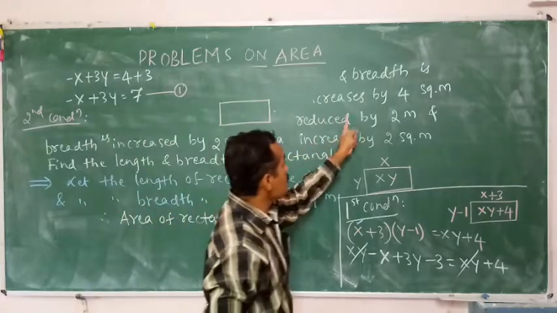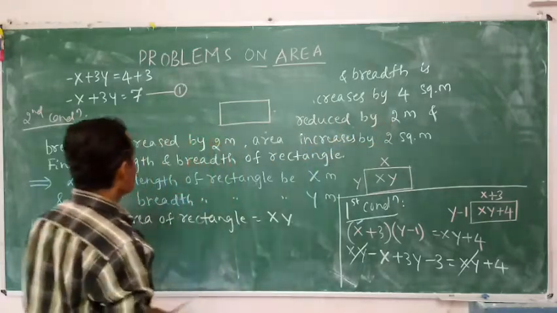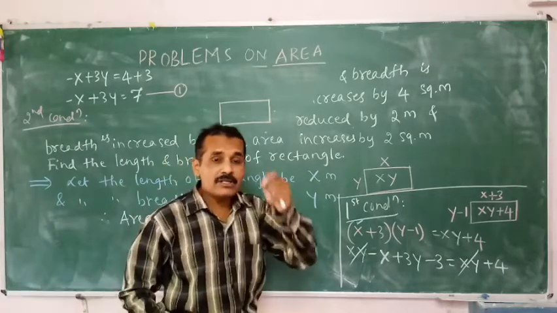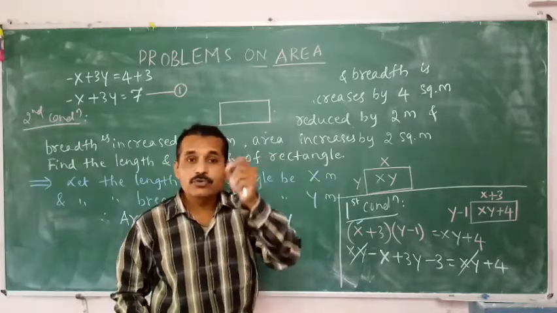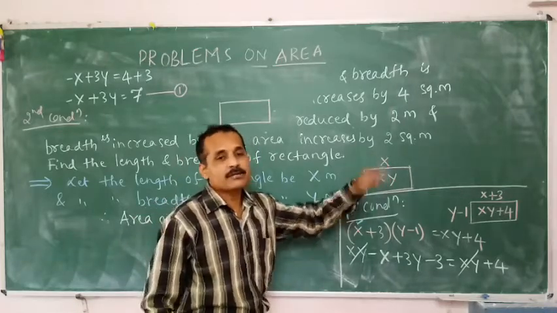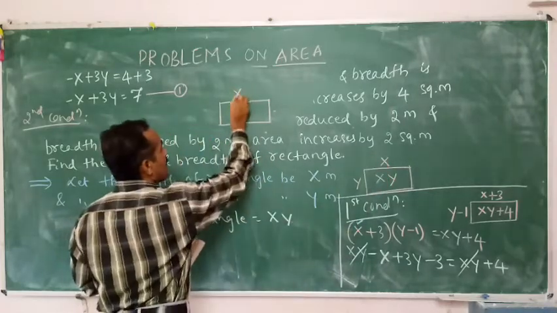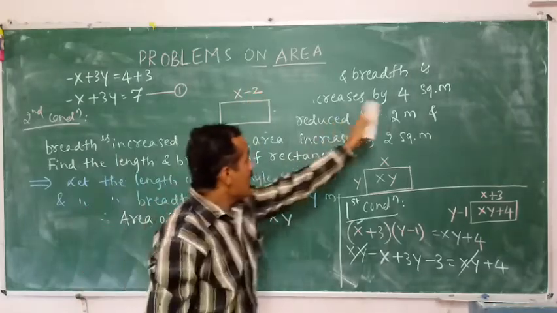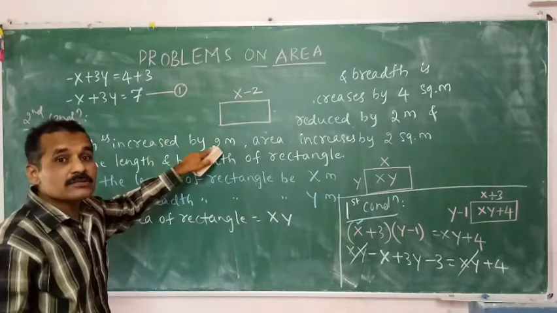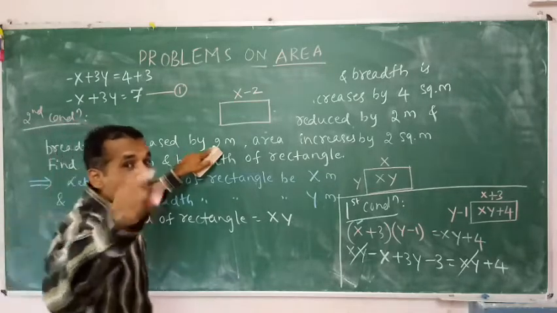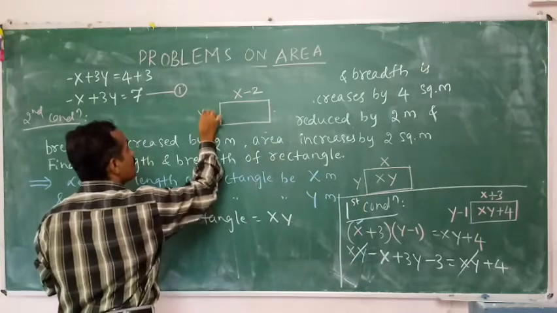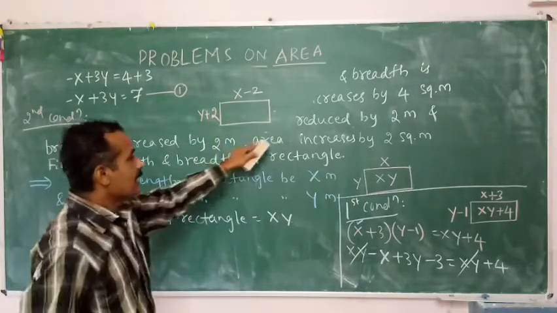Length is reduced by 2 meters. My dear children, length is reduced by 2 meters from where? From the original. I will say x minus 2. And breadth is increased by 2 meters, compared to the original. y plus 2.